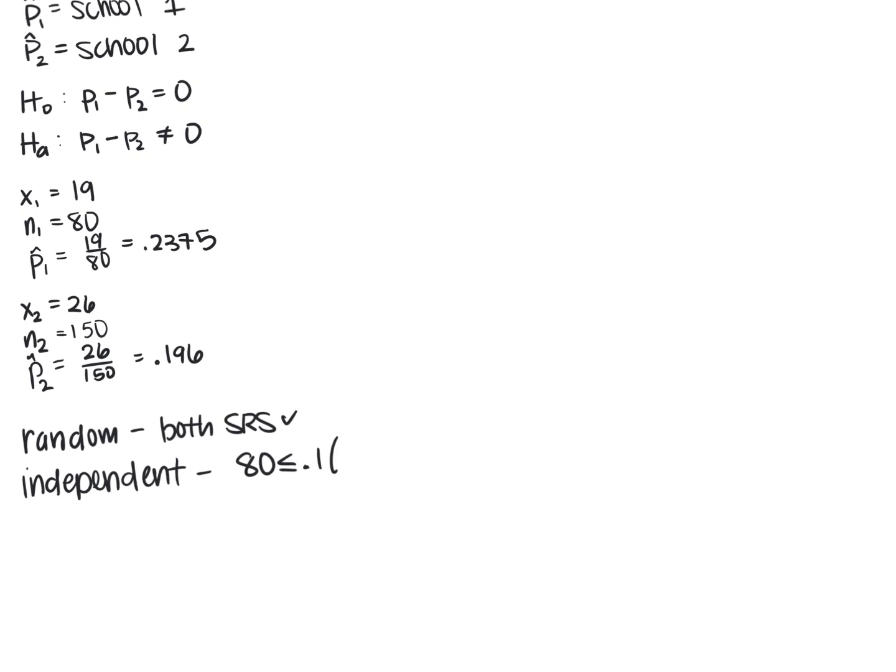And they did tell us that there's at least 1,500 students at both schools, so we're good there. And then 150 is also less than or equal to 10% of all students. So it says at least 1,500. So even though 150 times 10 is 1,500, I have at least that, so we're good there.